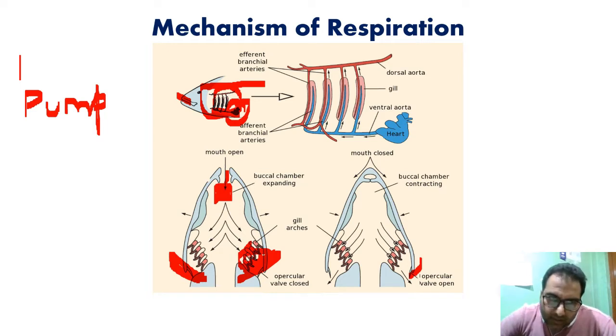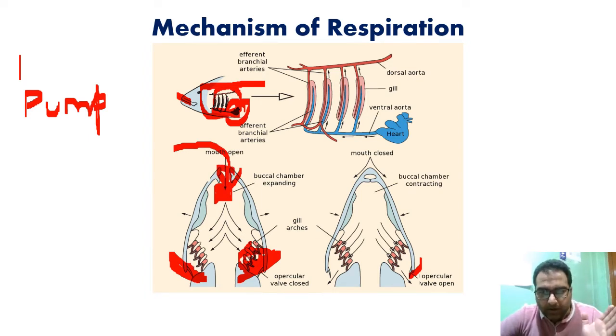So what happens? The water gets in via the mouth, then the mouth is shut, and the opercular wall is still shut, the pressure is created, then the water leaves.